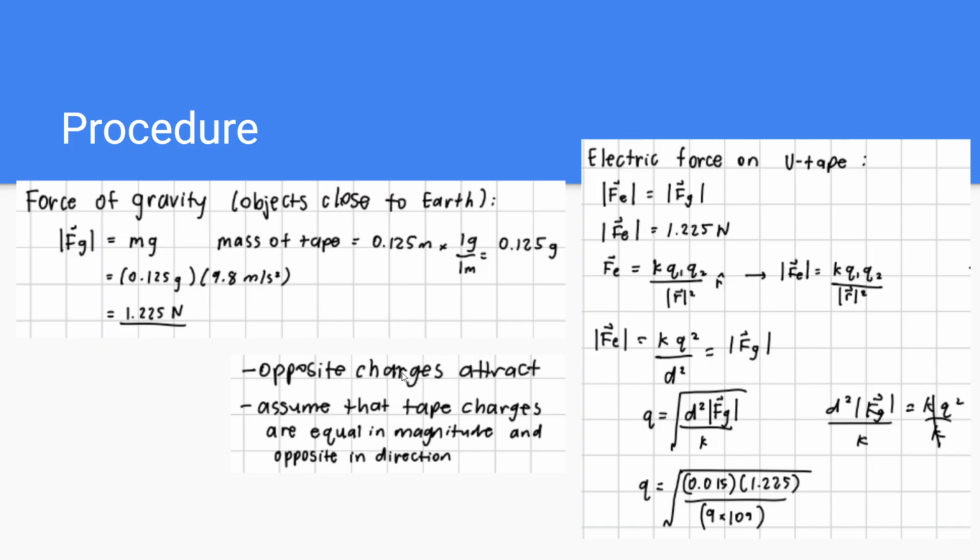Knowing that opposite charges attract, we can assume that the charges are equal in magnitude and opposite in direction, as are the gravitational force and the electric force, as well as the two individual charges of the two tapes. Then we're able to find the magnitude of the charge using the value that we found for the electric force on the bottom tape, which we found to be 1.225 newtons.